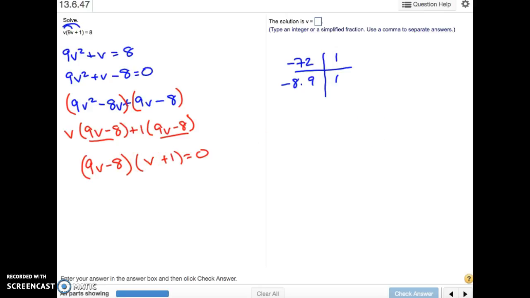Set each of those equal to 0. Subtract this over. Divide by 9. And then subtract the 1 over.